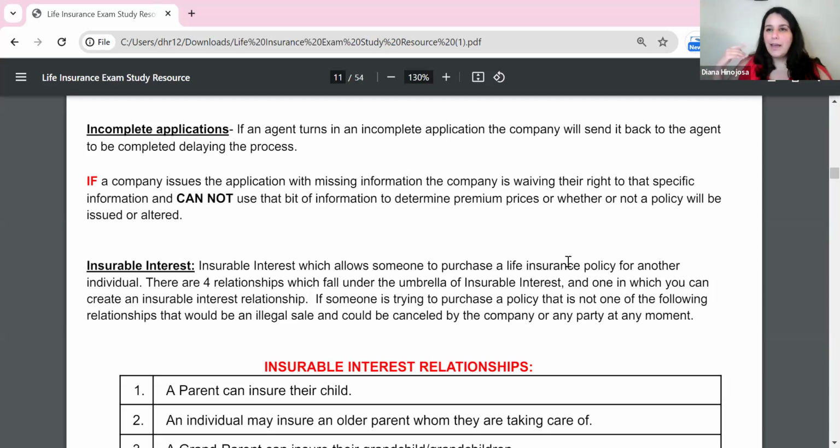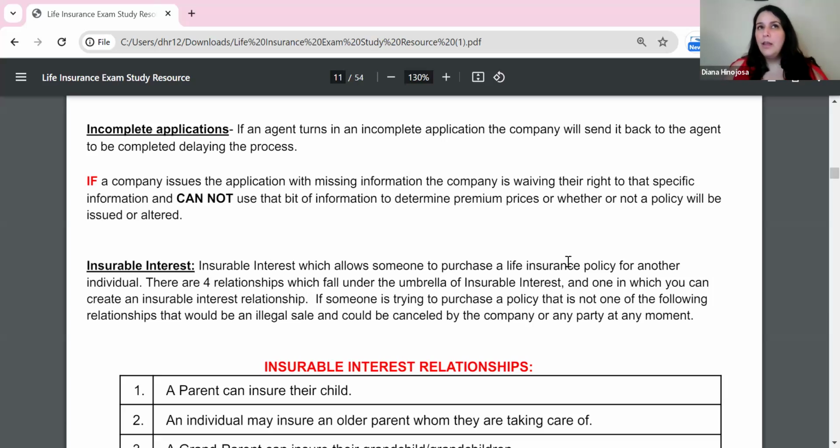And then we find out that my customer does have heart conditions. 3 months after we issued the policy, the company is like, hey, this customer has ongoing heart conditions. Okay, well, we issued the policy, we didn't get the question answered, we've waived the right to that information, so now we cannot use that information against the customer. We can't cancel their policy, we can't raise the premiums because they've got heart conditions, we can't change it.